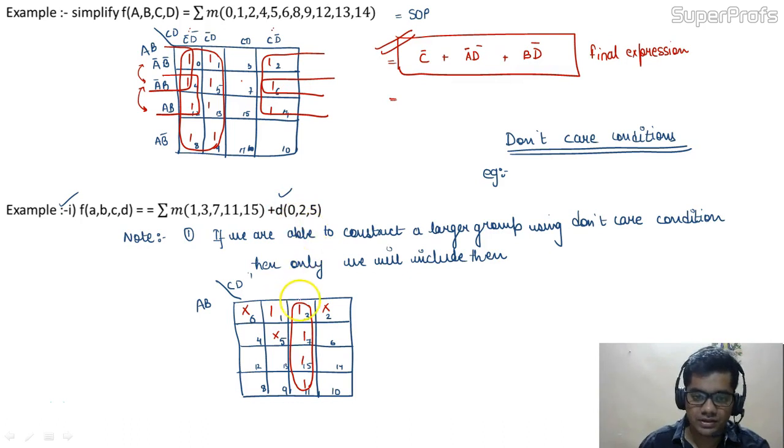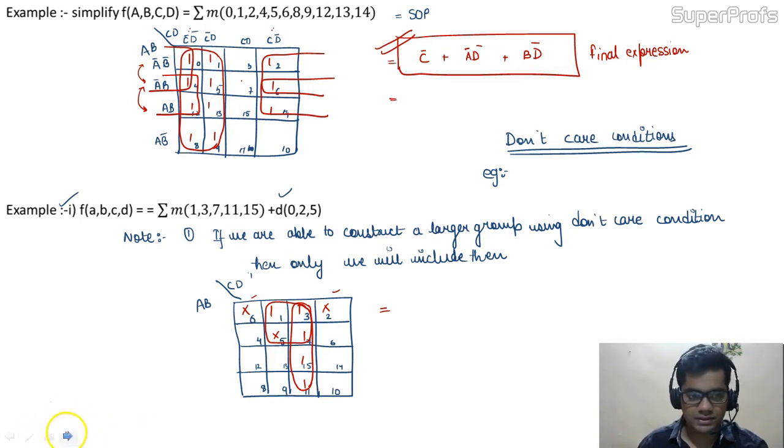So for this example, the second quad would be this one, with 3 minterms and only 1 don't care condition. These other two don't care conditions are not involved in the final solution. So this is the way to form the Kmap.